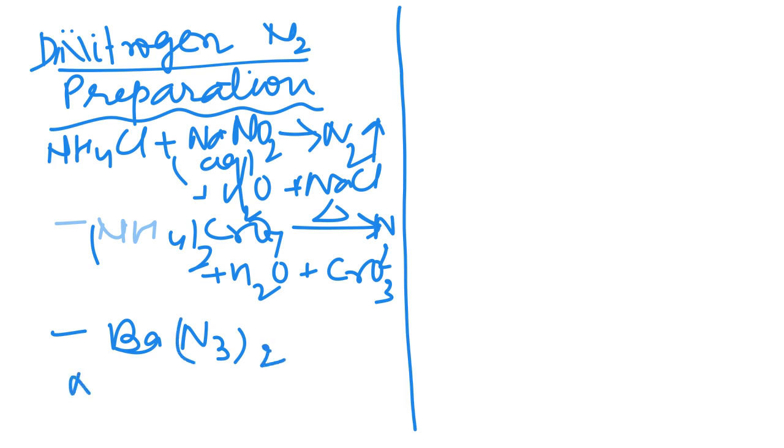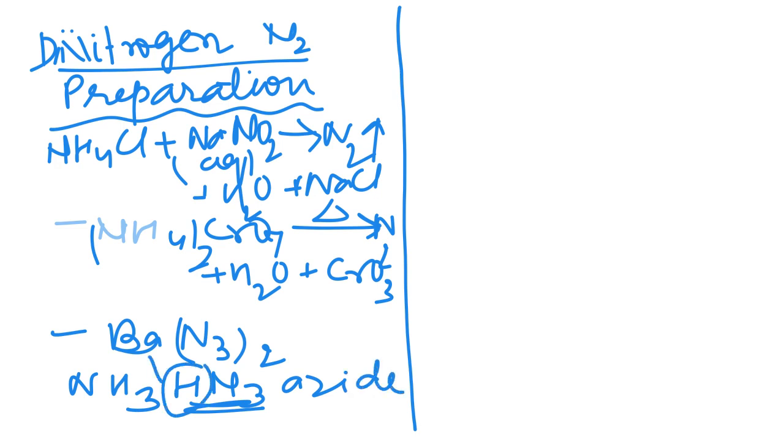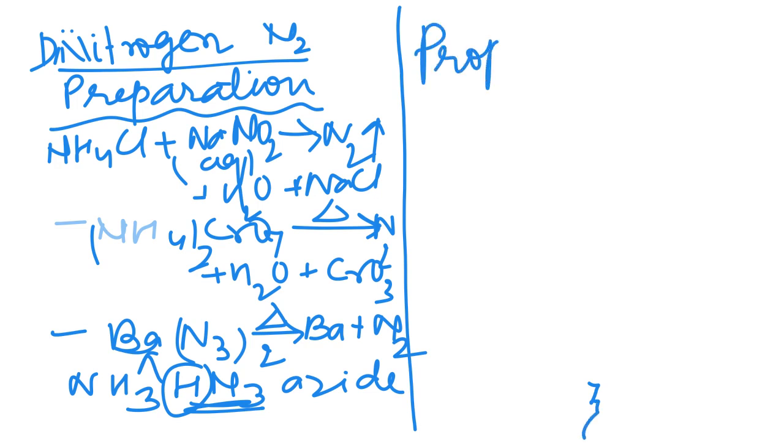We have the compound NH3, this we call ammonia, but HN3 is called azide. So if this hydrogen is replaced by barium, then it will be barium azide. So this compound, if you heat it, you will get barium plus nitrogen. So these are the certain methods of preparation of dinitrogen. Then properties.